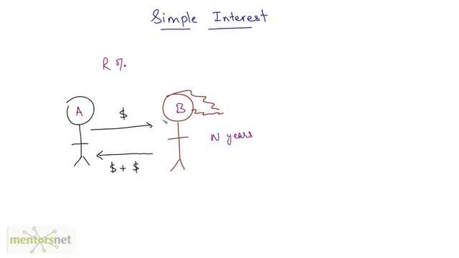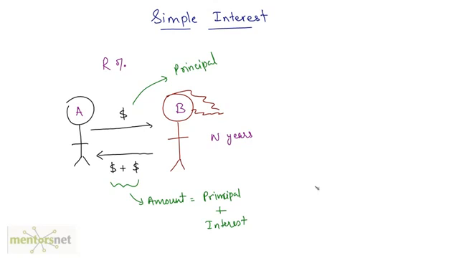So let us look at the terminology. The money given by A to B, that means the money lent or the money borrowed, is known as principal. And the total money returned is known as the amount. And this amount is basically the principal amount plus the interest. Now comes the point where we write the formula for simple interest, and this is a simple formula.